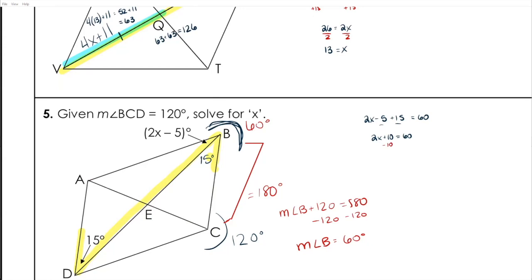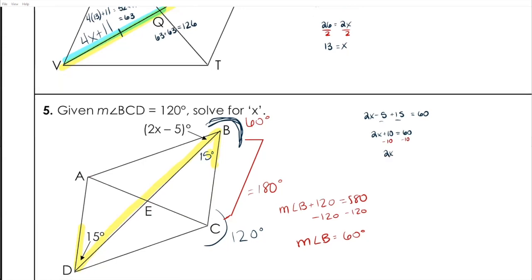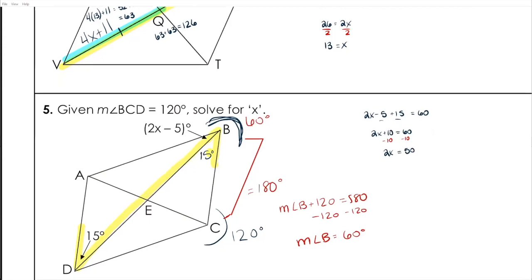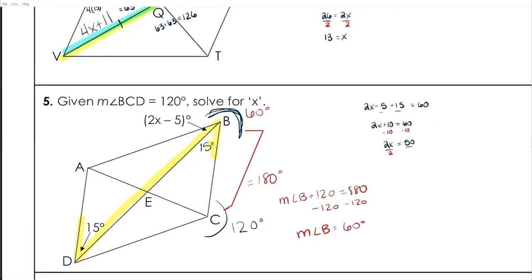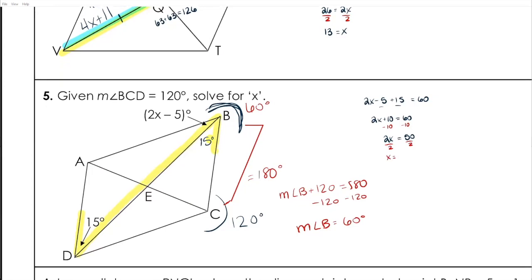So minus 10 from both. So we get 2x is equal to 50. And then we can divide by 2. So x stops at 25. And that's our answer.